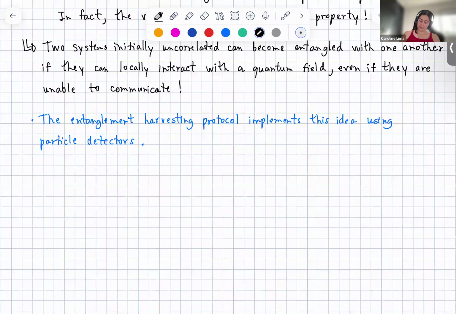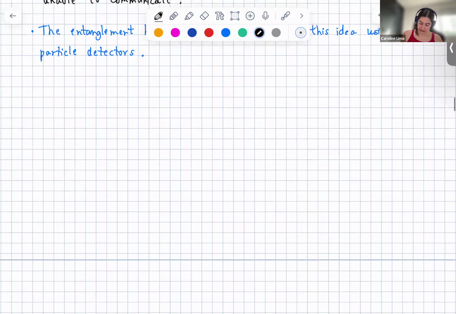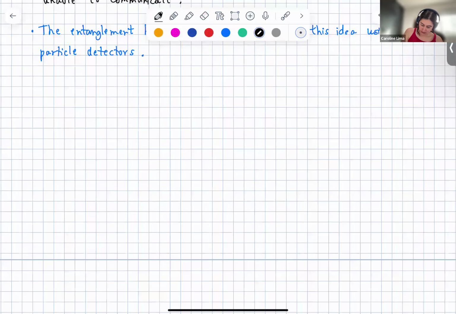No? Okay. So let's see the setup. First of all, here we'll have 3 plus 1D flat spacetime.